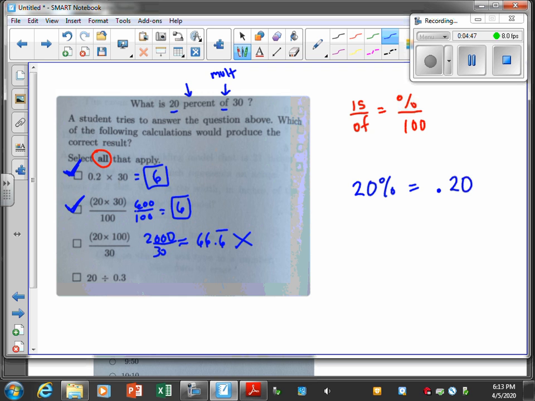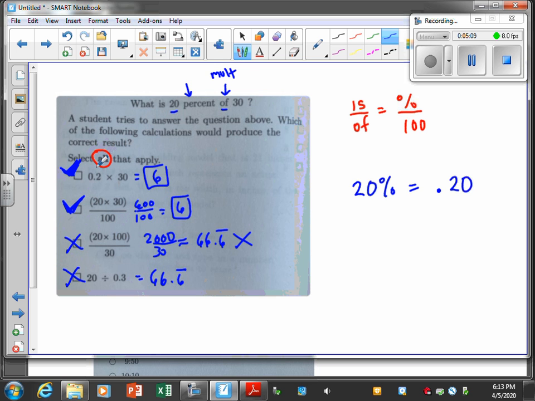That is not 6. So not that one. And 20 divided by 0.3 is also 66.6 with the bar over it, which is not 6. So our answer for this one, select all that apply, is going to be the first one and the second one. So be careful that you read these.